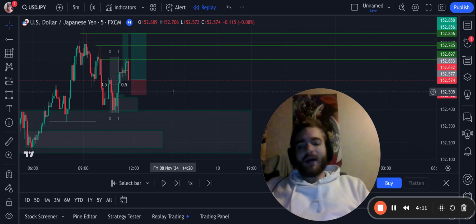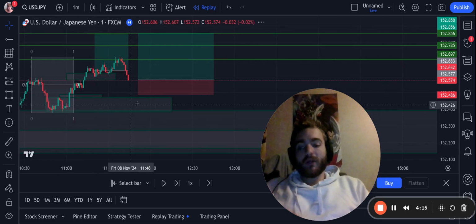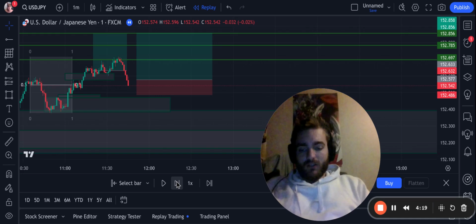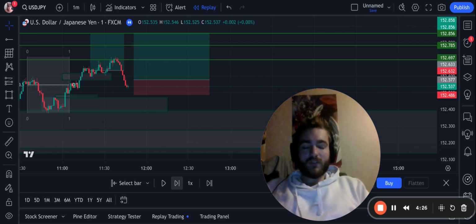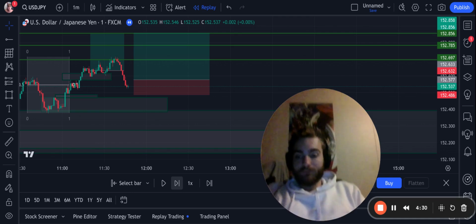But anyways, I noticed price on the 1-minute time frame give us a break of structure at the 5-minute equilibrium. I was like, just because we're not using the 5-minute time frame right now because the 15-minute and the 1 hour are not in alignment doesn't mean we can't use a 5-minute equilibrium.